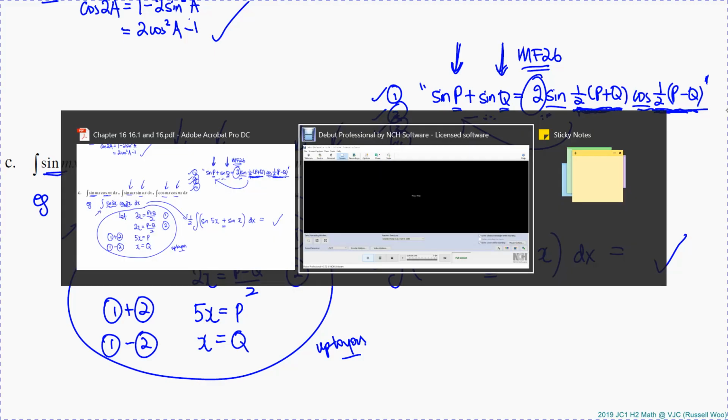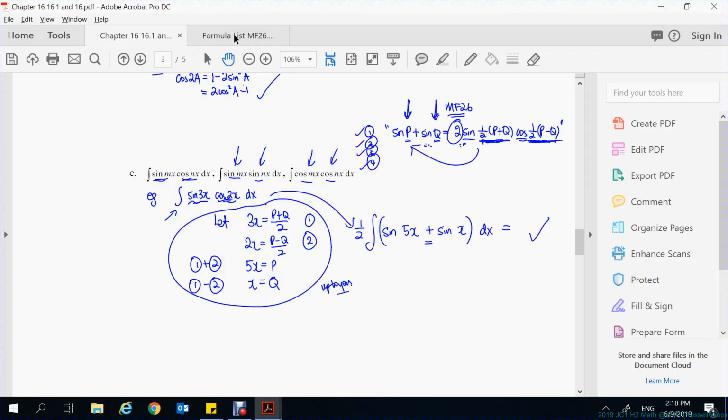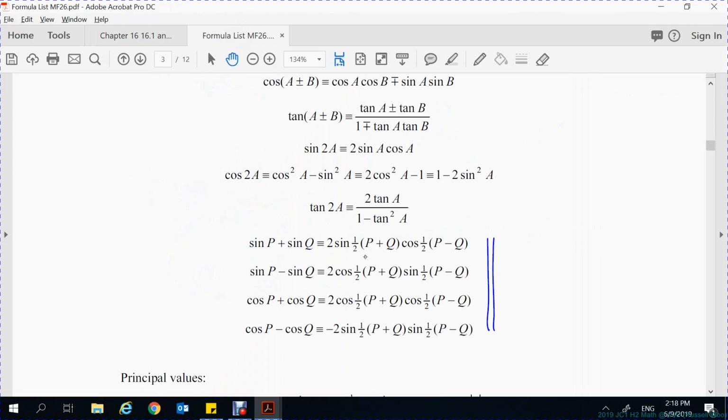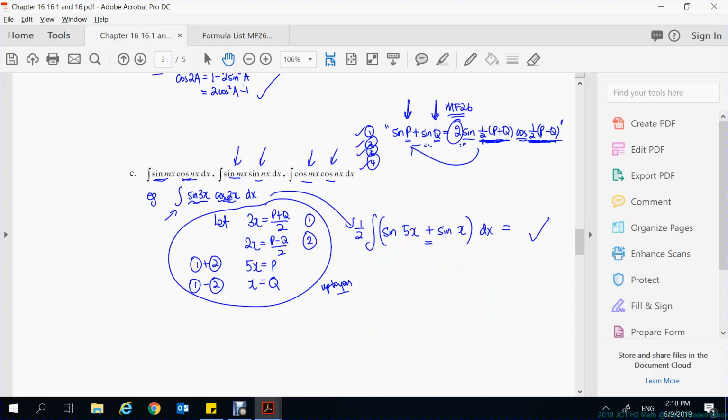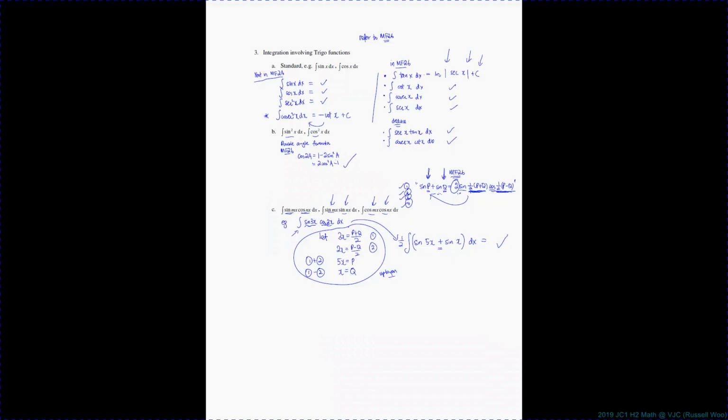I repeat one more time, just to be very, very clear: take this plus this will always be P, take this minus this will always be Q. Standard. So I leave it to you whether you want to always do it or not.